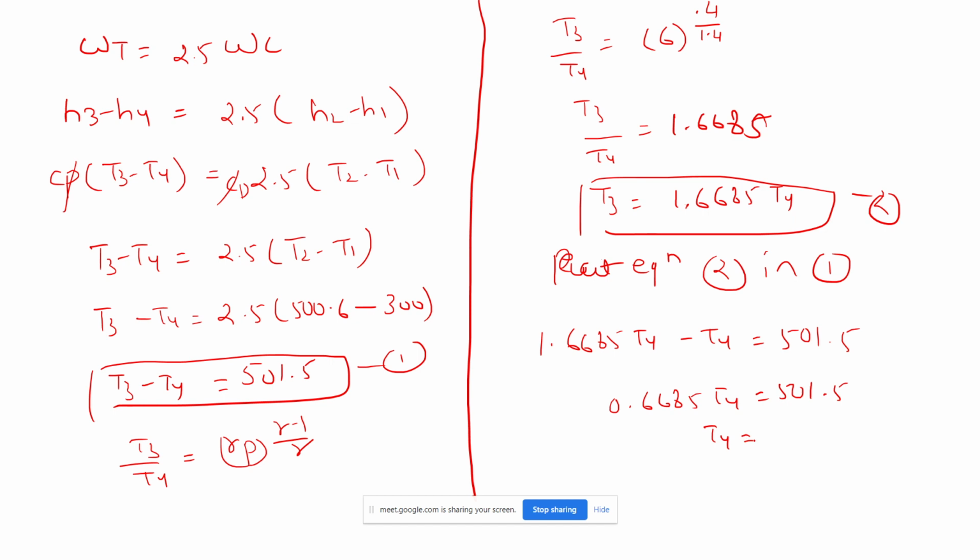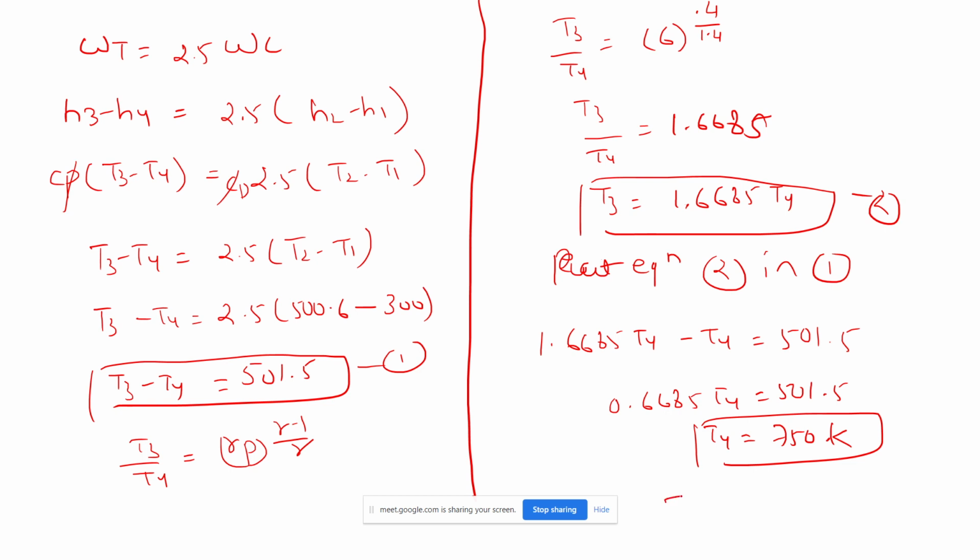So what will we get for T4? 750.6, so 750 Kelvin we can directly write.